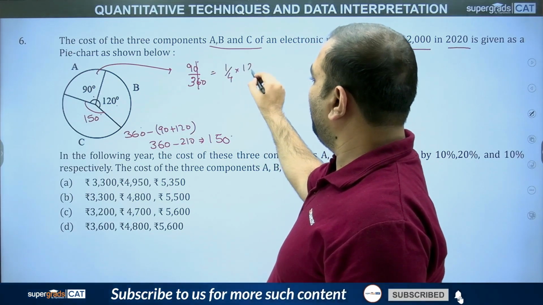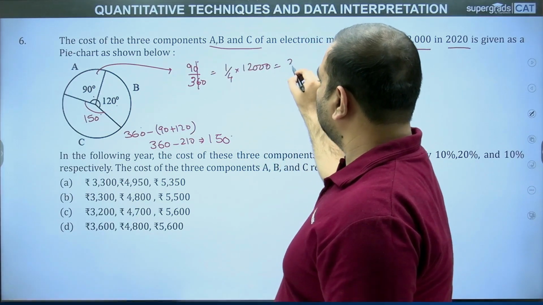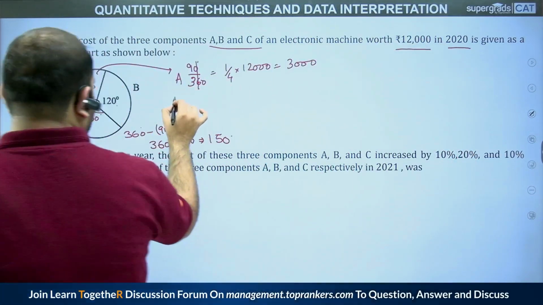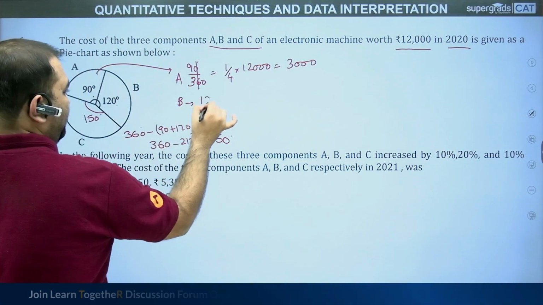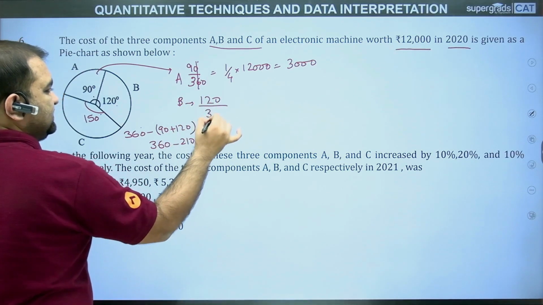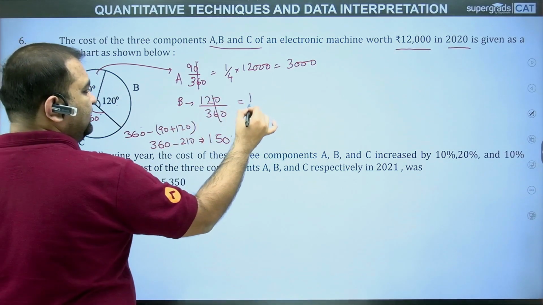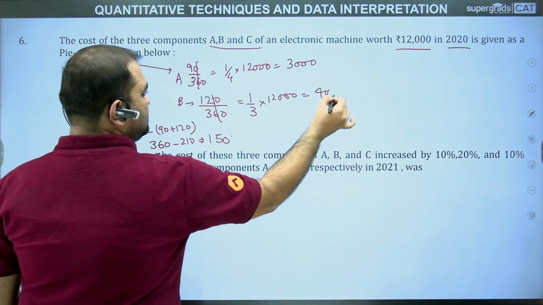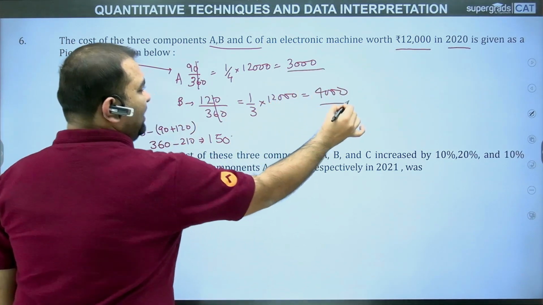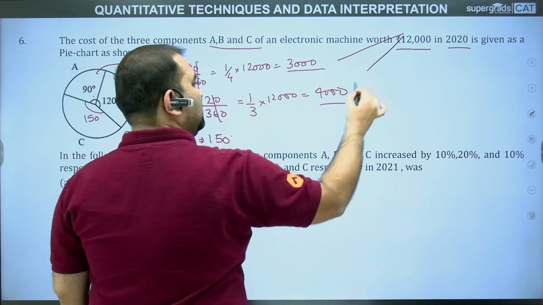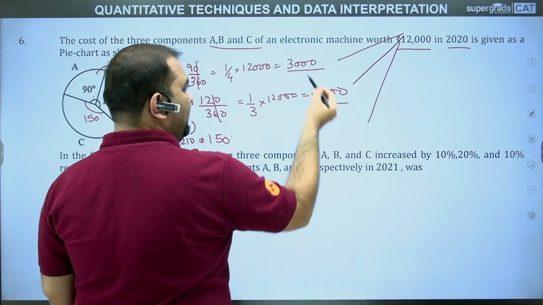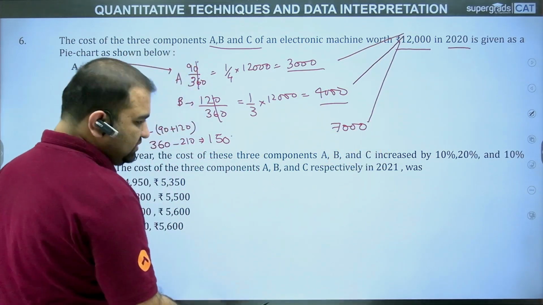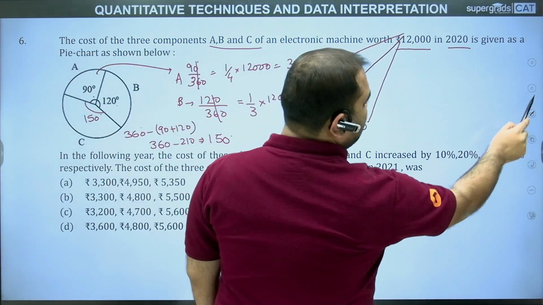So 1 by 4 of 12,000 is 3,000 for A. What is the proportion of B? 120 by 360, 1 by 3 of 12,000, that is 4,000.